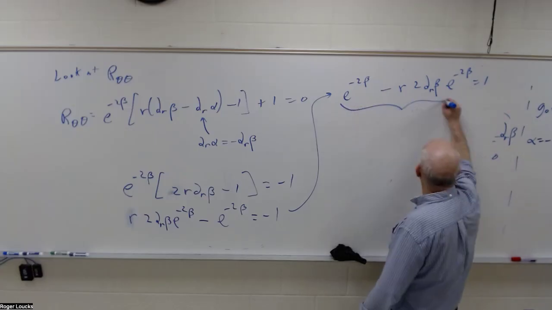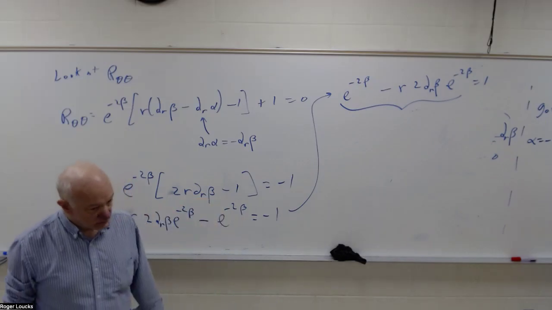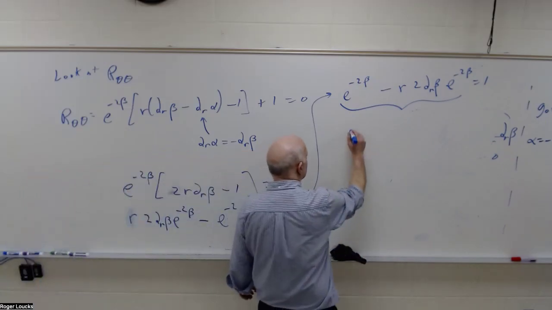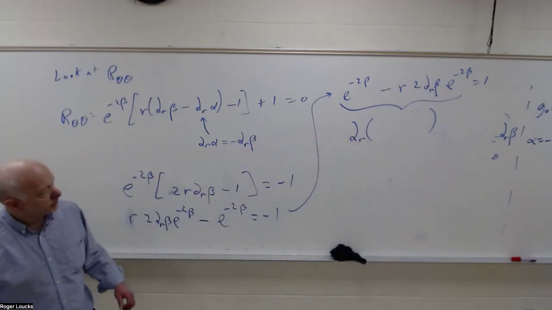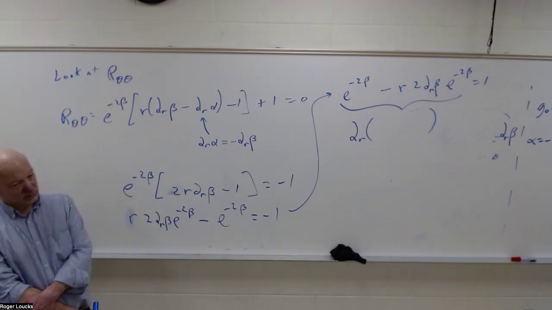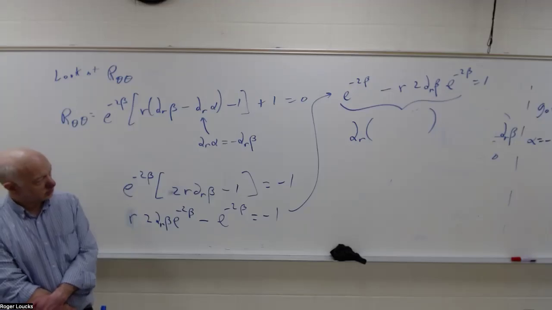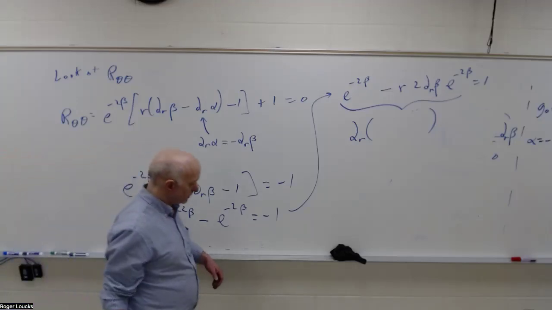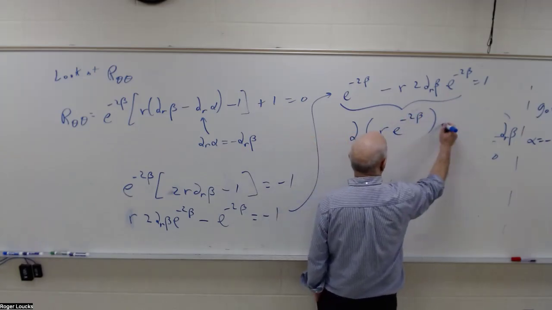Now, what's that? It's the derivative of what? It has to be the derivative of R times the exponential, R times e to the minus 2 beta.